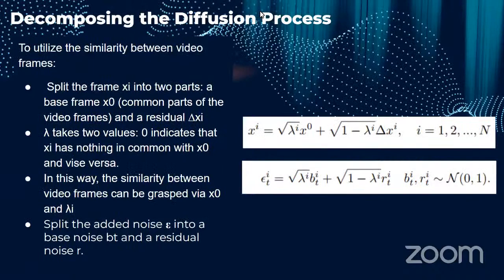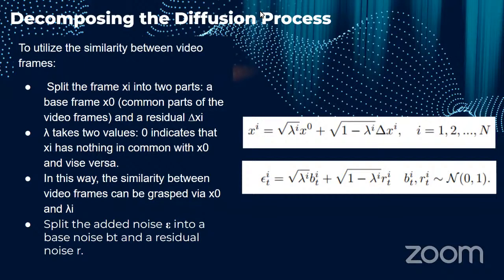In decomposing the diffusion process, they try to use the benefit of consecutive frames sharing most of the information between each other. To utilize the similarity between frames, they did this in two steps. First, they split the frame x_i into two parts. The first part is called the base frame x_0, which contains the common parts of the video frames. The second part is called the residual frame, delta x_i, as we see in this equation for x_i.